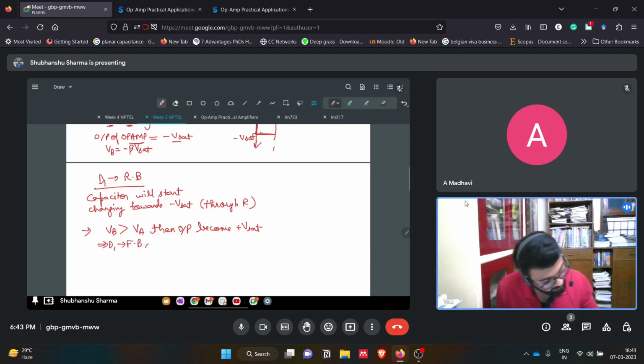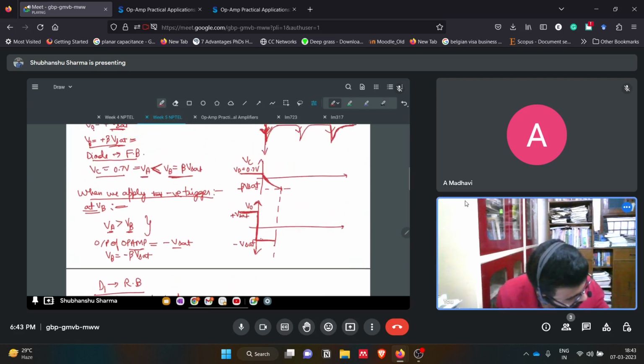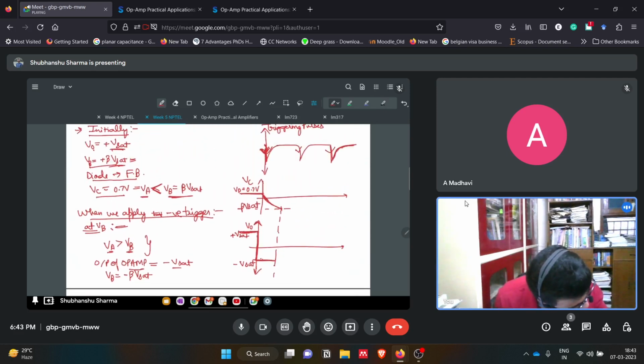That is, again the cycle is repeating. So the voltage across the op amp output will be again high, and the capacitor voltage will then charge till the diode drop of 0.7 volt, and it will maintain a constant voltage across the capacitor.